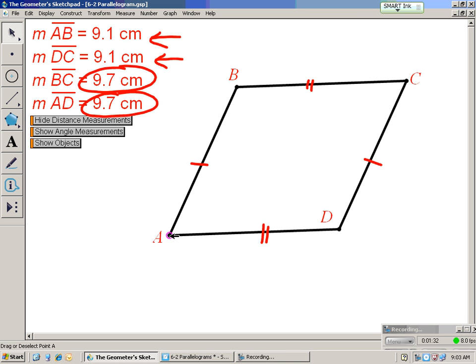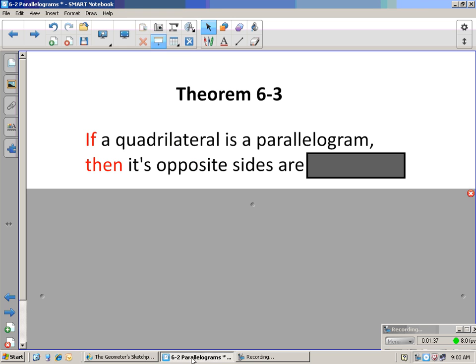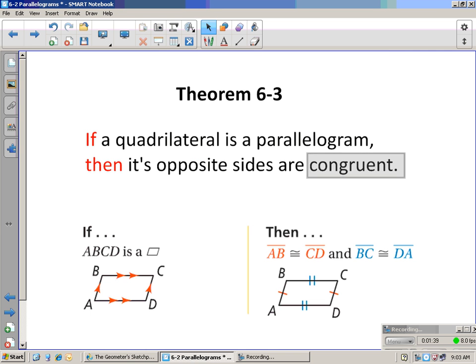So you'll notice that the opposite sides in a parallelogram are congruent. And that's the first property you need to know. If the quadrilateral is a parallelogram, then the opposite sides are congruent.